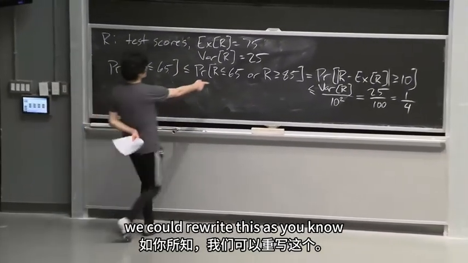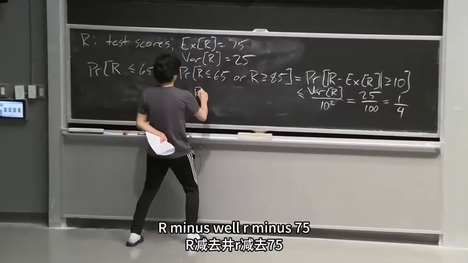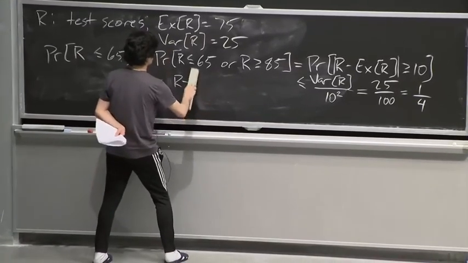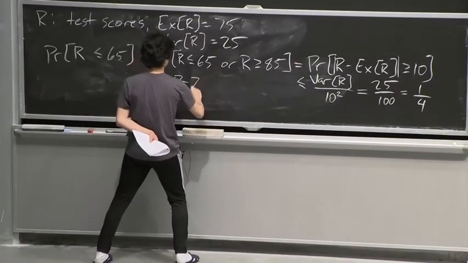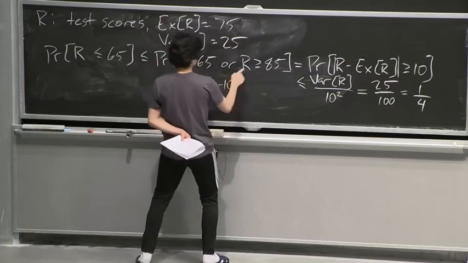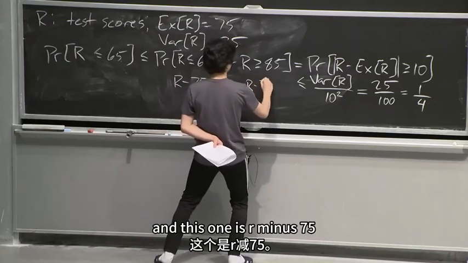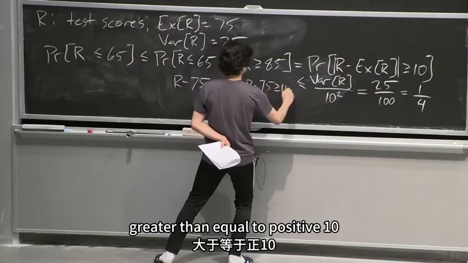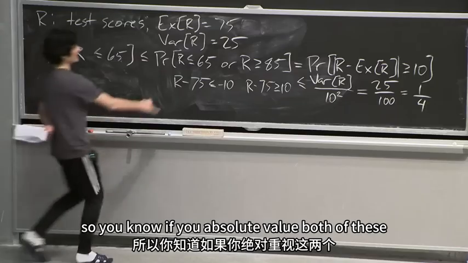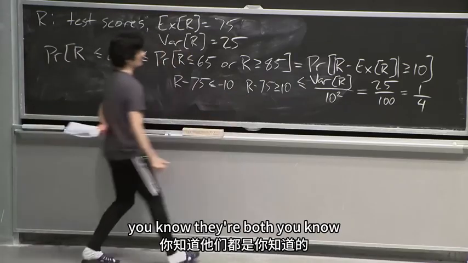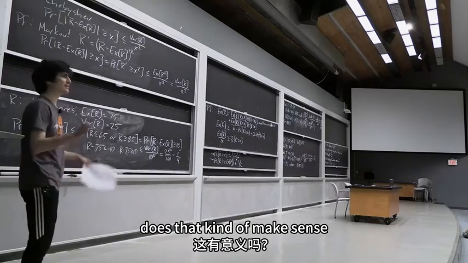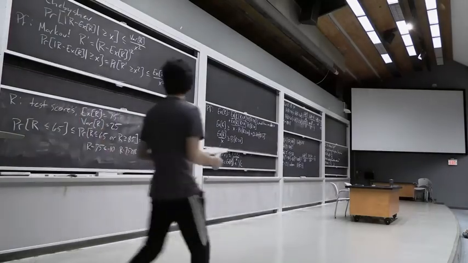We could rewrite this as R minus 75 is less than or equal to negative 10. And this one is R minus 75 greater than or equal to positive 10. So if you take the absolute value of both of these, they're both greater than or equal to 10. Does that kind of make sense?